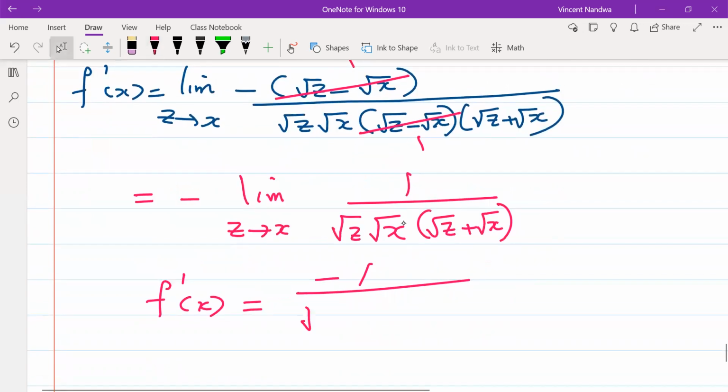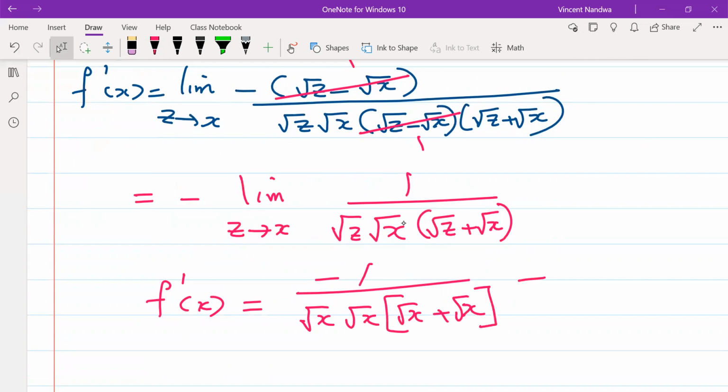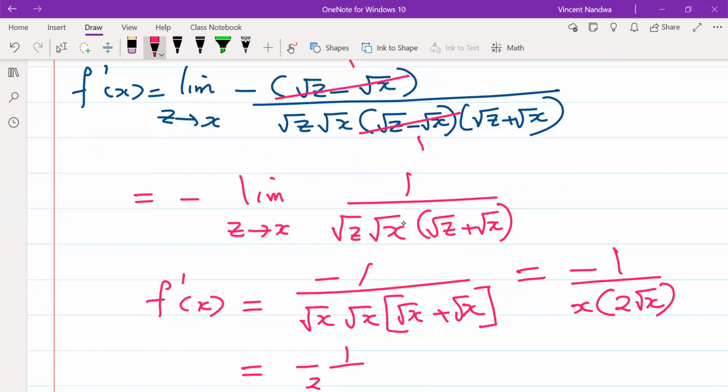So I'll have root of x into root of x plus root of x, which is negative 1 over root x times root x, which is x, into 2 root x. So in fact, you can write your answer as negative 1 over 2x root x, or the way we have written it earlier.